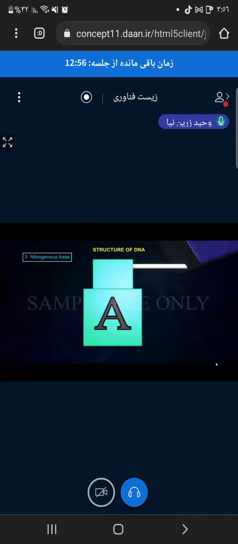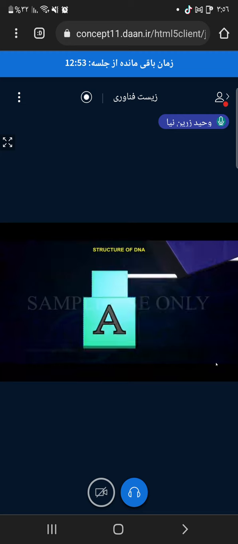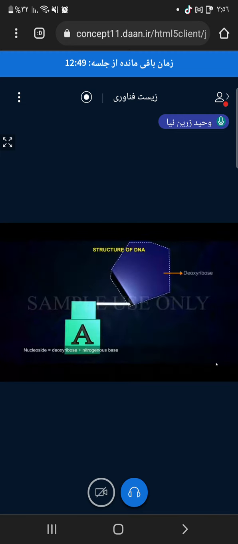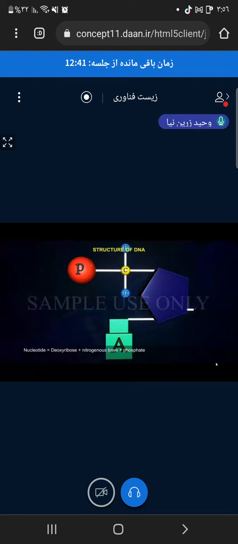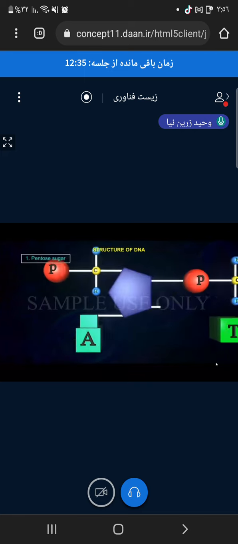Phosphate group. 3. Base. Nucleoside means deoxyribose plus nitrogenous base. Nucleotide means deoxyribose, nitrogenous base plus phosphate.